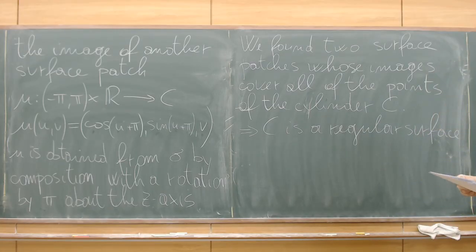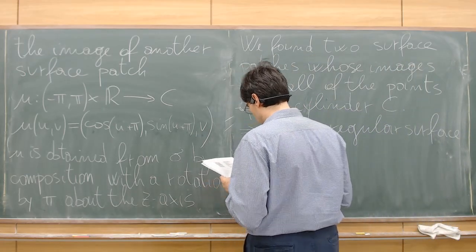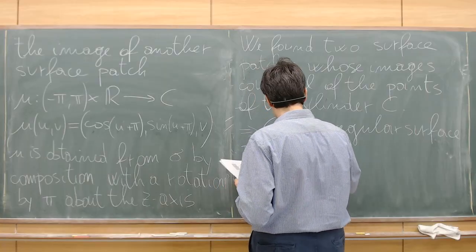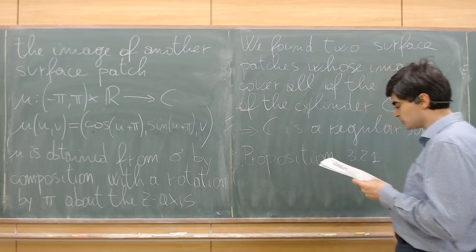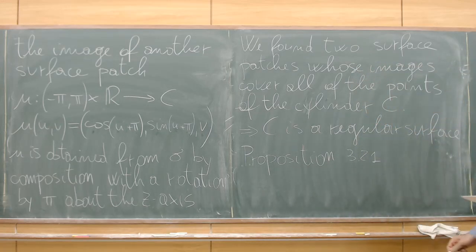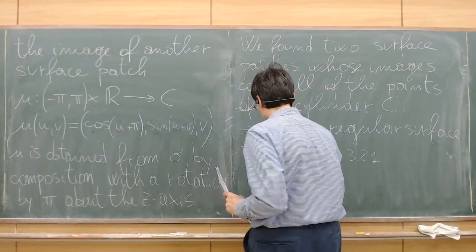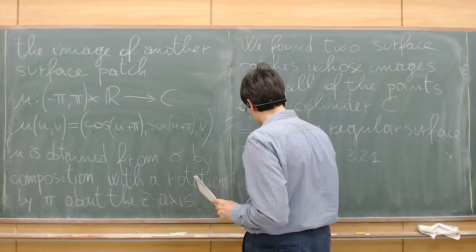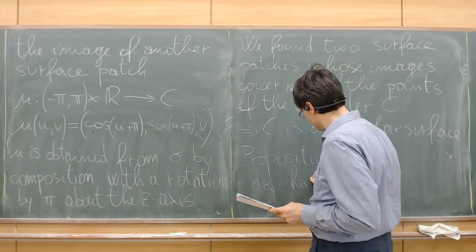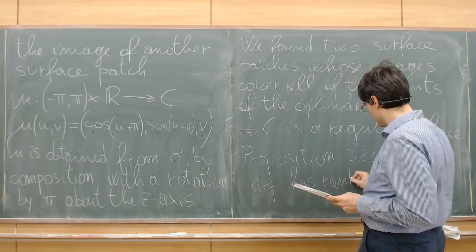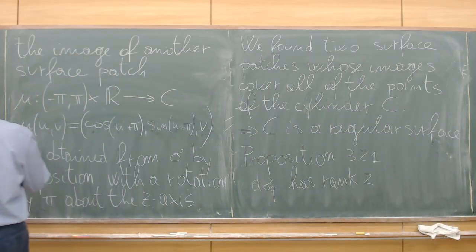Now, do you remember proposition 3.21? Proposition 3.21 says that if you have a regular surface, then if sigma is a surface patch, d sigma q has rank 2. Here we have also one surface patch denoted by mu.